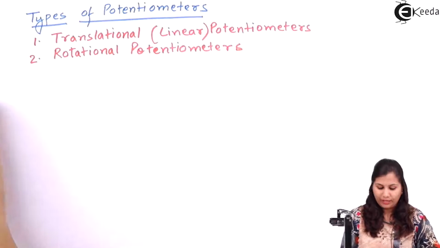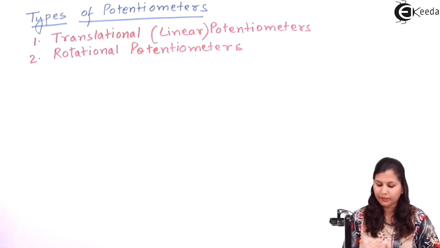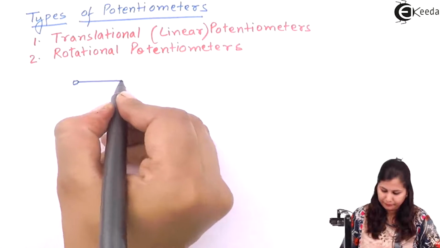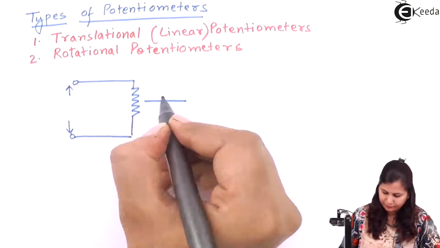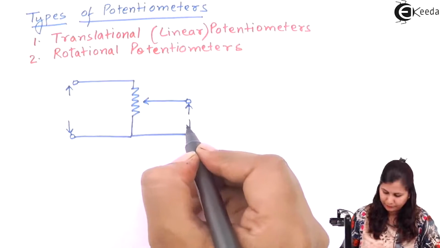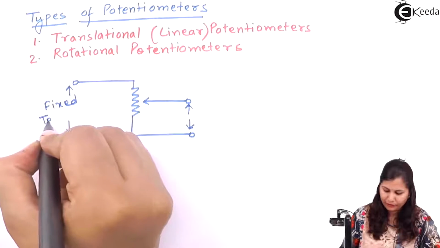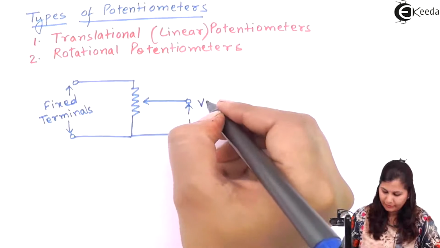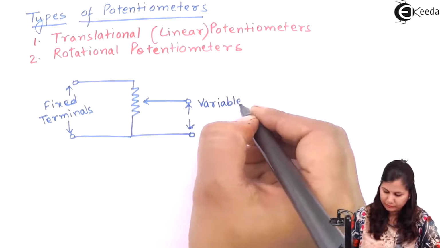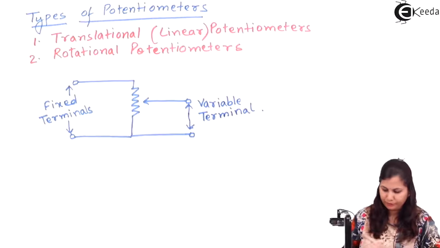Now, if we see the equivalent circuit of a potentiometer, or a generalized circuit of a potentiometer, it will be like this. These are the fixed terminals of the potentiometer, and this is the variable terminal of the potentiometer.